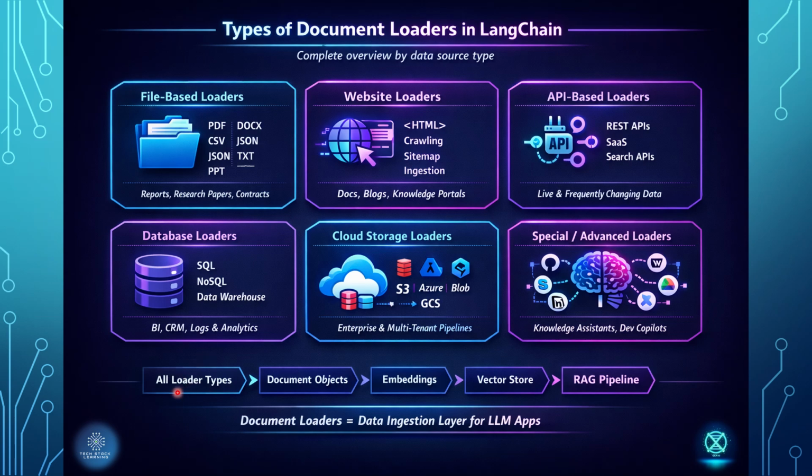In a RAG pipeline, the data flows from the source through the document loader into the text splitters, and then to the embedding, to the vector store, and then the RAG pipeline. So this is the overall set of document loader types we have in LangChain.